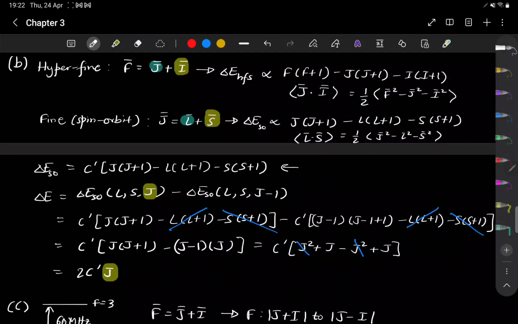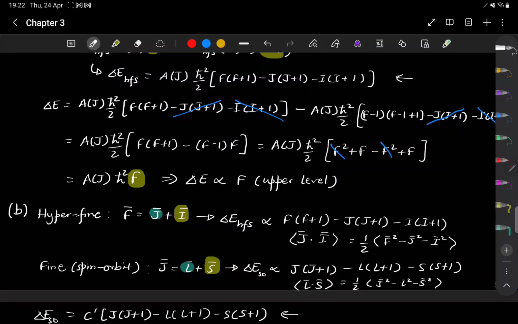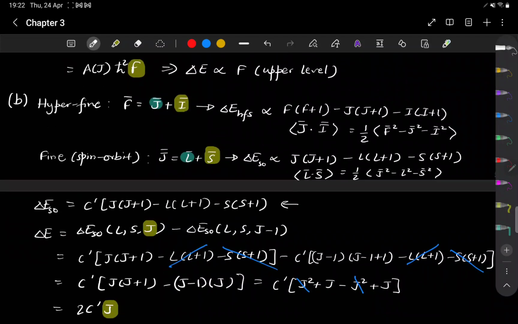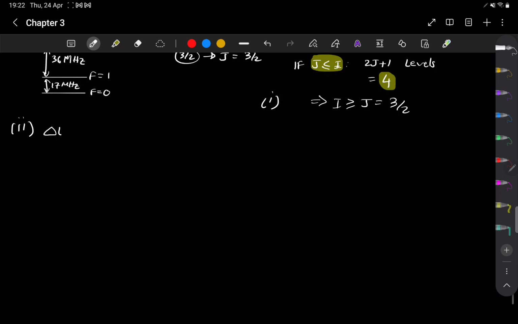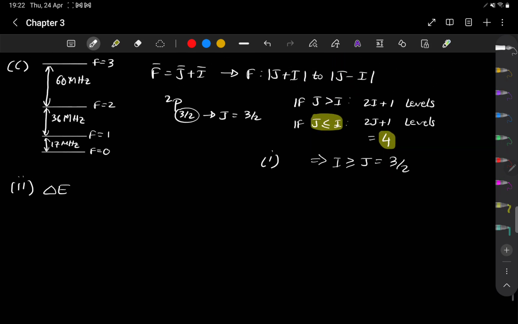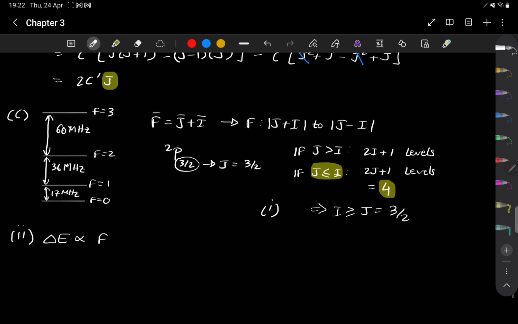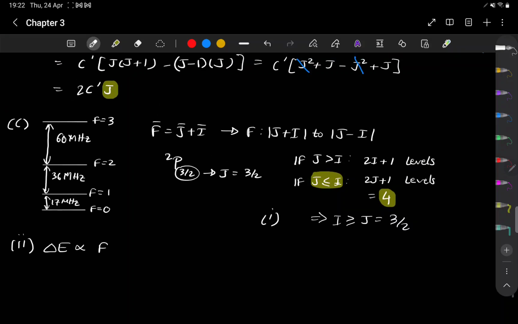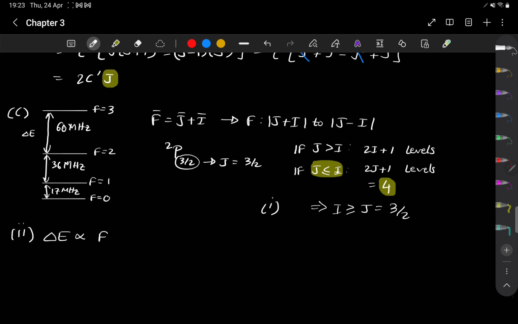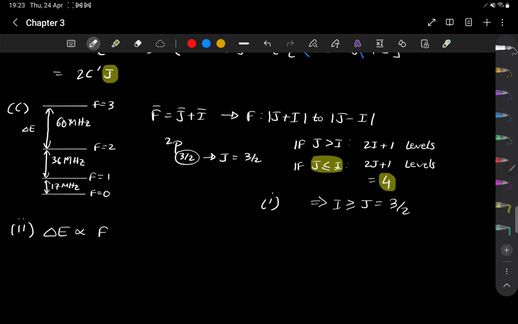The interval rule says that this energy splitting is proportional to the value of F for the upper level, and this is nothing but delta E. So this splitting between the levels is delta E. In our case, from F equal to 3 to F equal to 2, it is 60 megahertz. That's the first delta E.